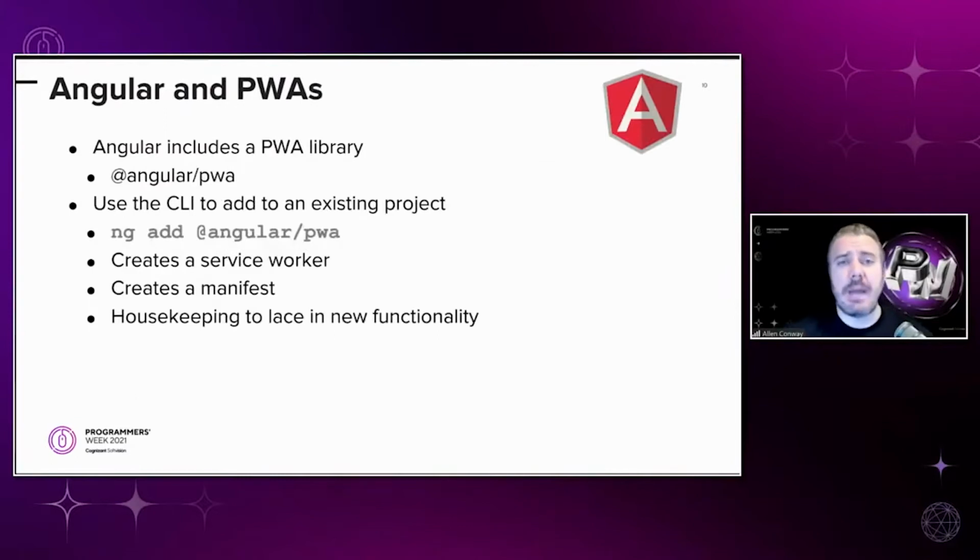All right, so let's talk about Angular and progressive web apps. I talked to you about the Angular PWA library. Again, this is additive, and we don't want to be hand rolling. So we can use the Angular CLI to add the Angular PWA package to our application, which will give us the components from the previous slide.